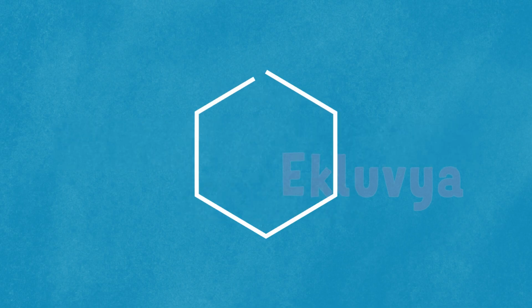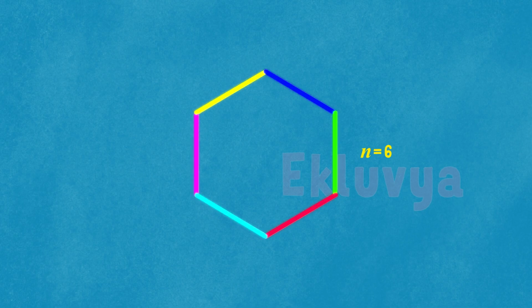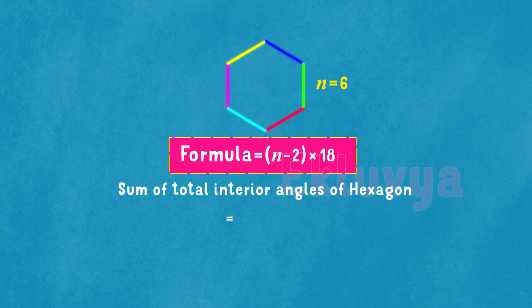For our hexagon, n is 6 because it has 6 sides. Plugging this into our formula, we get (6-2) times 180 degrees, which equals 4 times 180 degrees. That gives us a total of 720 degrees. So, that is 720 degrees for all the interior angles combined.